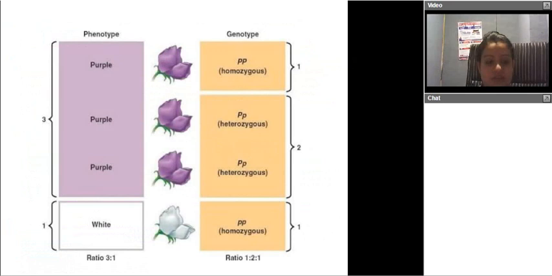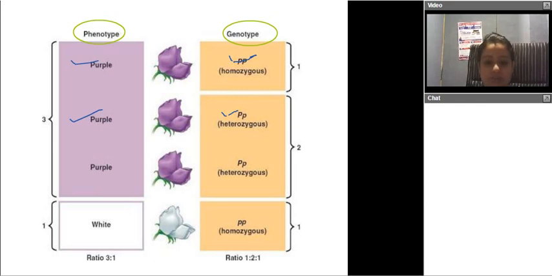As we can see in the image, the phenotype may be a purple color and its genotype is different. That is, it may be dominant PP, that is the dominant character for purple color. Again, the color will be purple if it is heterozygous, that is, it has one dominant and one recessive gene. But as the dominant character is purple color, the color of the flower will be purple.